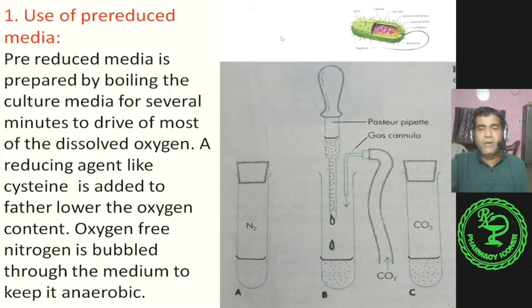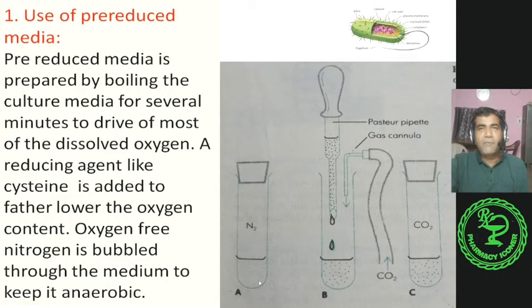In this method, we use a medium to which a reducing agent is added, like cysteine. We try to use a reducing agent which is not toxic to the microorganism. During preparation, we flush it continuously with nitrogen.